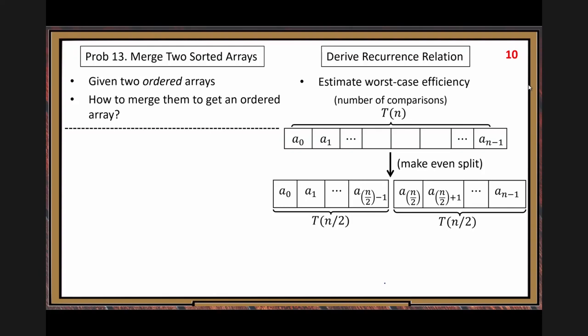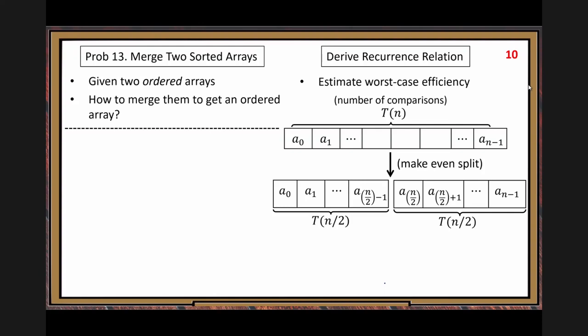So we need to add these two numbers because we need to conquer each subproblem. So we need to pay the cost covering both subproblems. And more than that, right?